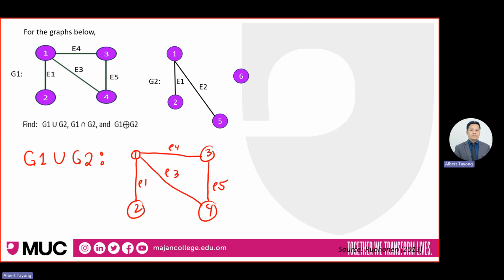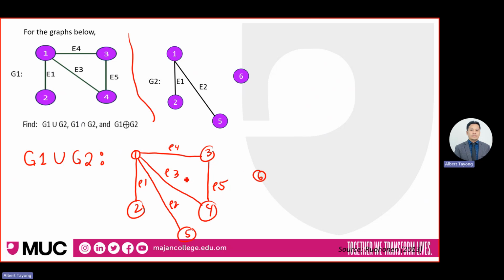Okay. Now let's combine this with G2 because G1 union G2. We don't need to draw this again, 1, 2, and E1 because it's common. What we're going to draw is E2 reconnected to 5. So that is E2. And 6 is here.